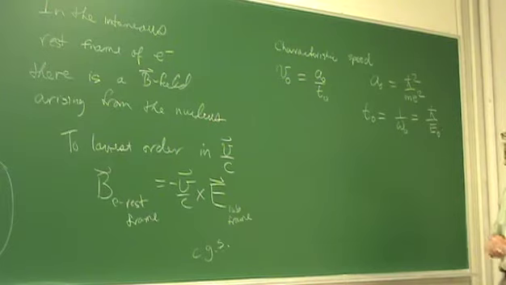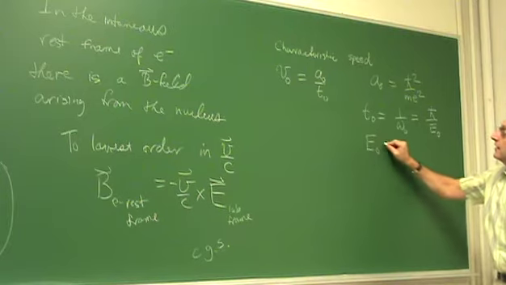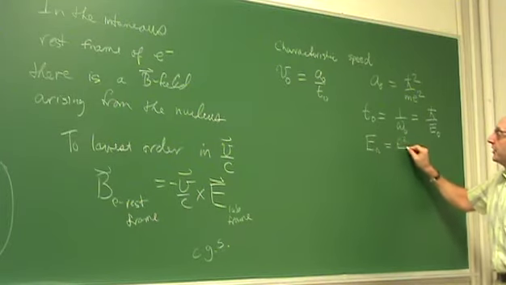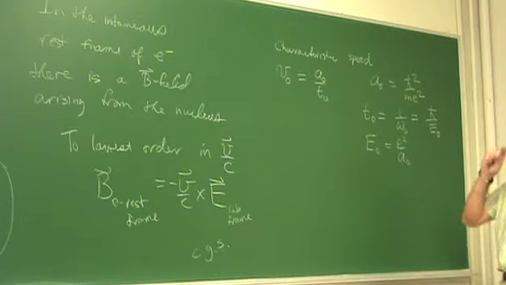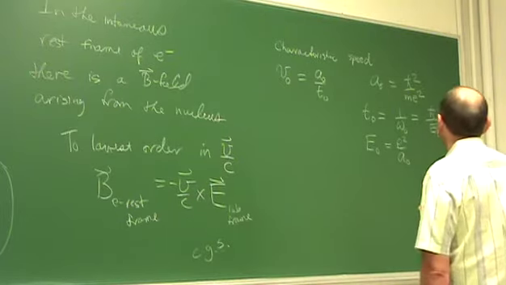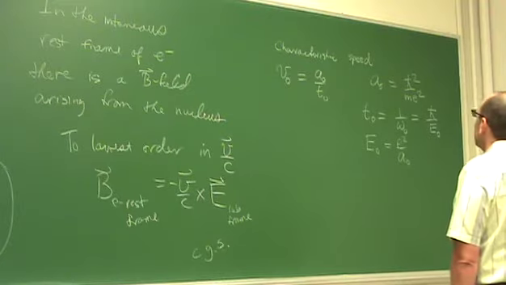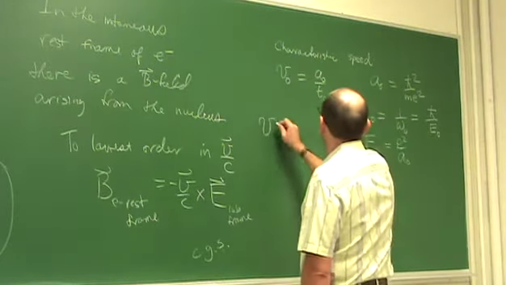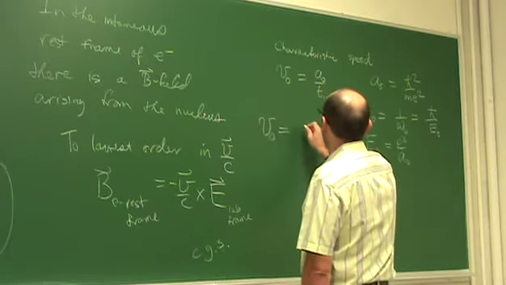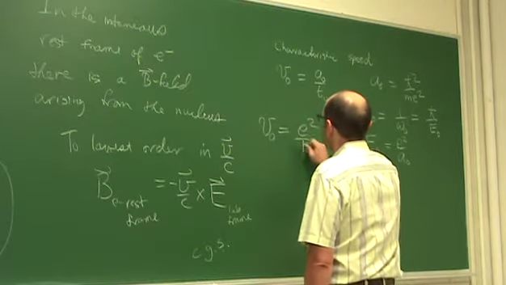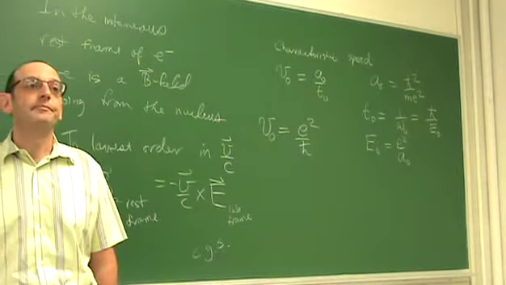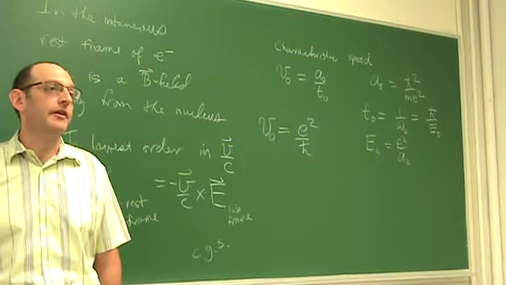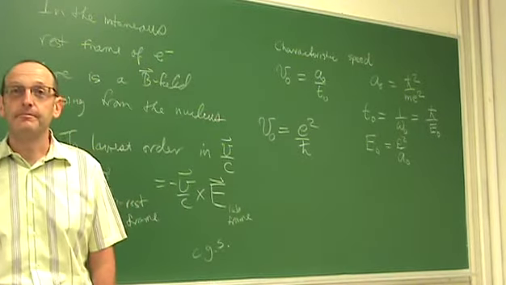Okay, and the characteristic energy is the Hartree. So putting that all together, we get that v naught is e squared over h bar, where e is measured in CGS units.